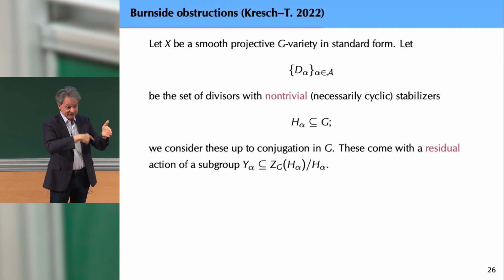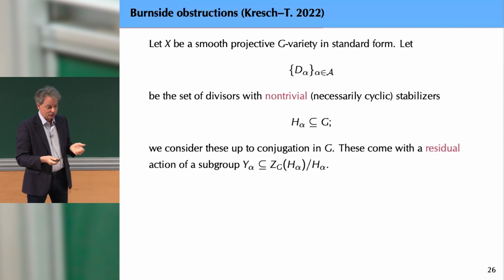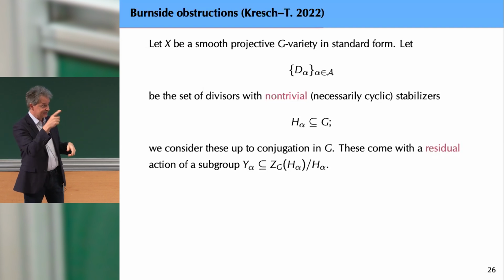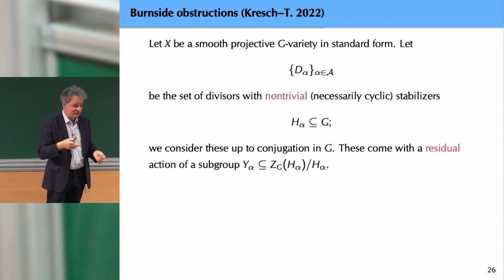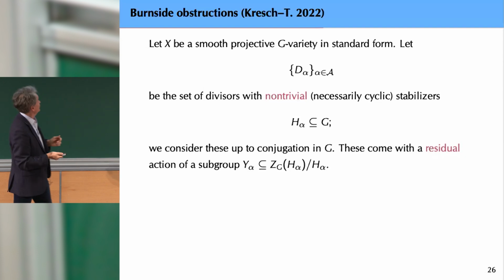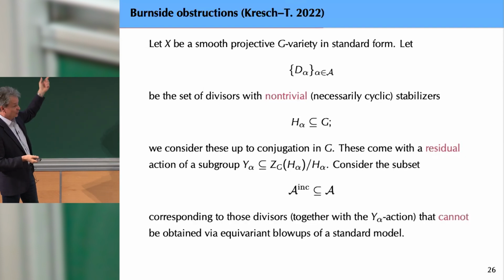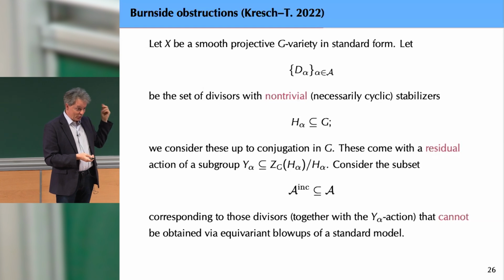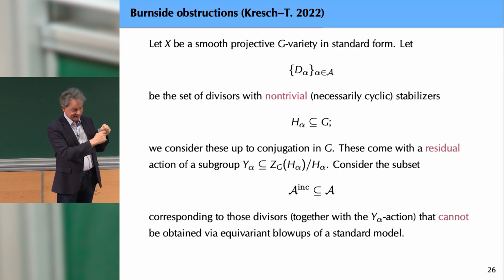You might also have an action on the divisor itself. I call that the residual action. The residual action goes via a subgroup of the centralizer of the stabilizer modulo the stabilizer. All right. So we record those divisors that cannot be obtained in this form, that is, stabilizer with residual action, from blow-ups of a standard model.